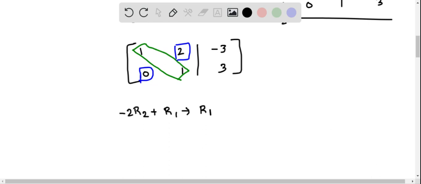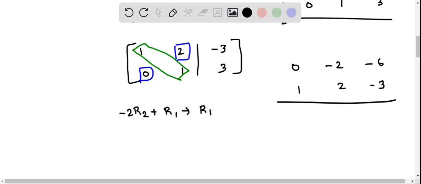So I'm going to multiply the row 2 elements by -2. That is, 0 times -2 is 0, 1 times -2 is -2, and 3 times -2 is -6. Then I add with the row 1 elements, that is 1, 2, -3.